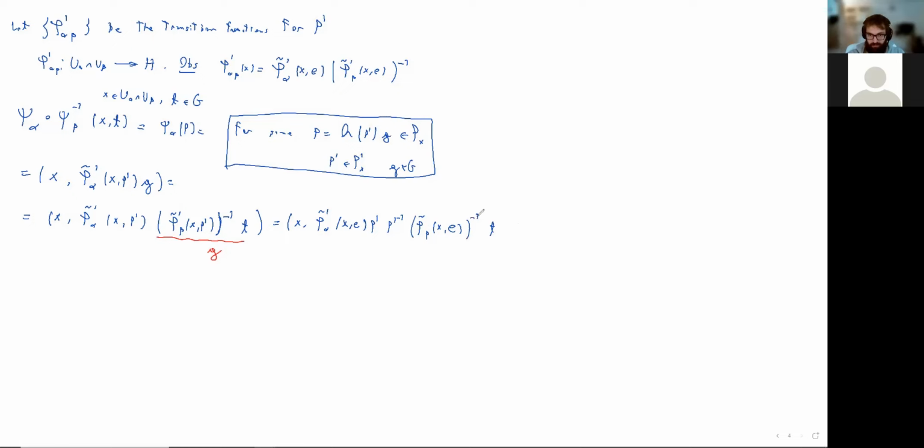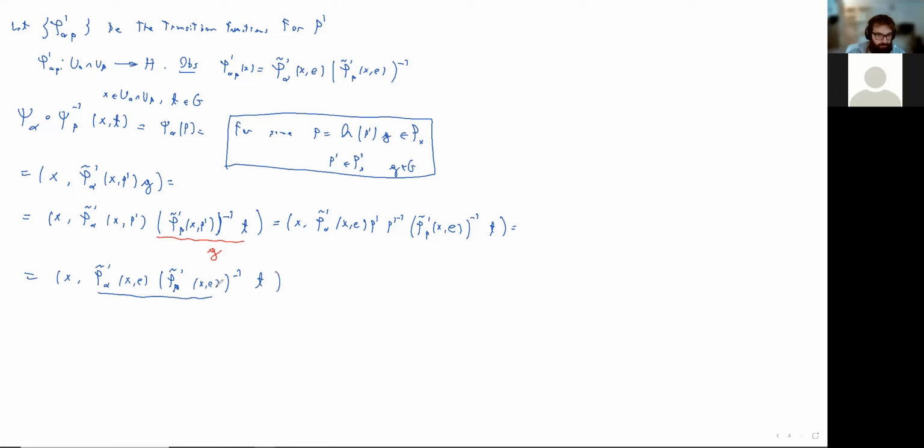Okay, and this inverse, of course, means the inverse as a group element. Now these two cancel out, and guess what? We get precisely phi alpha tilde prime xe times phi beta tilde prime xe inverse times t.